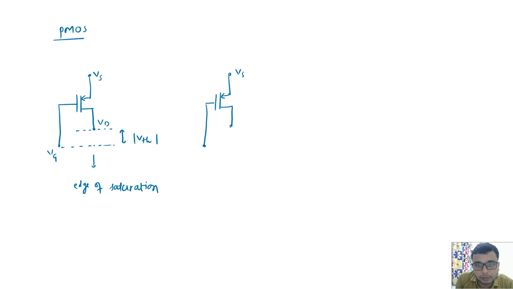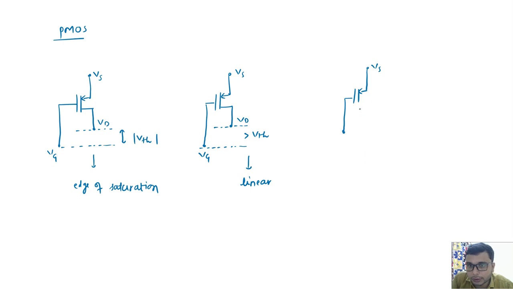Be aware that here I am taking the magnitude of VTH, and VD can go maximum VTH magnitude up of VGS. In this case, it is also forced into linear. This gap cannot go more than the VTH magnitude. So don't be confused while using it, deep into saturation or saturation. Okay, so this is for PMOS.